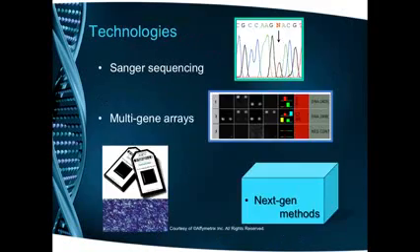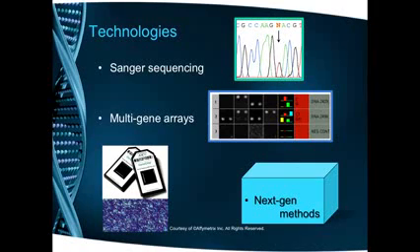The technologies that typically have been used for such approaches are Sanger sequencing, where you amplify individual exons in a gene, and then you can look at just a few exons or at all of the exons, capturing the coding region of the gene, and then hopefully you'll find a mutation such as shown here.